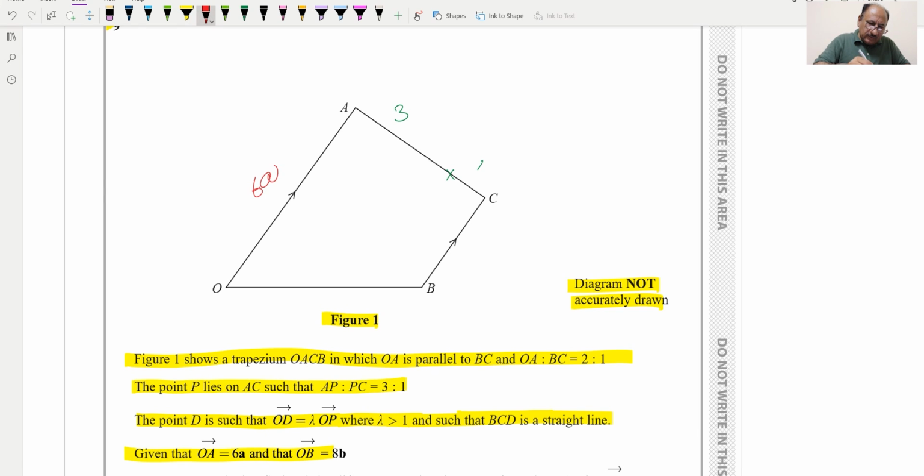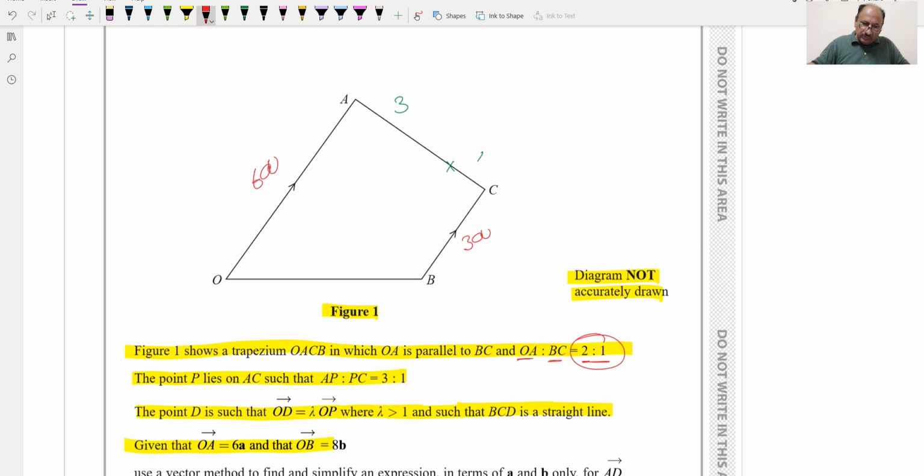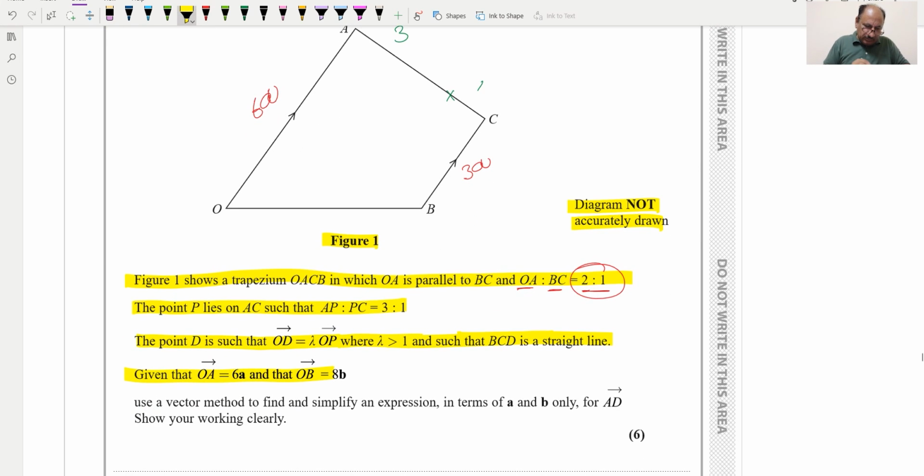By this definition, OA ratio BC is 2:1, so BC will be half of 6A, which we can write as 3A. So 3A is this side, and next is to use the vector method to find and simplify an expression in terms of A and B only for AD. Show your working clearly, and this is a 6 mark question.